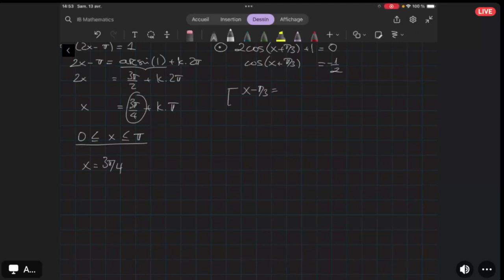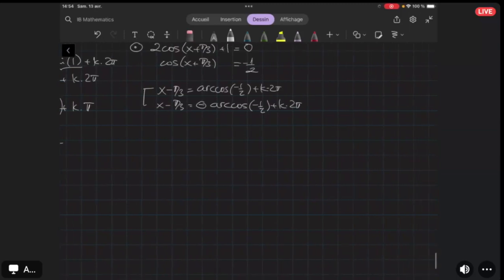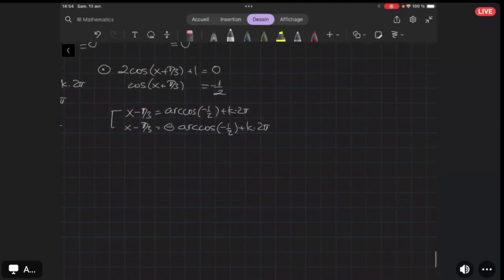This guy, you have 2 options. It's either arc cos of negative a half or negative arc cos of negative a half. When in doubt, sketch the bloody function.